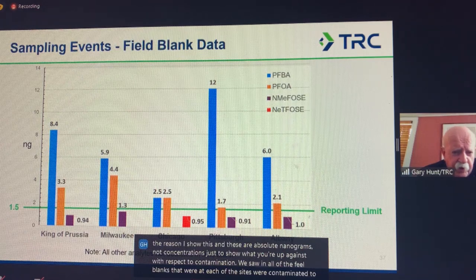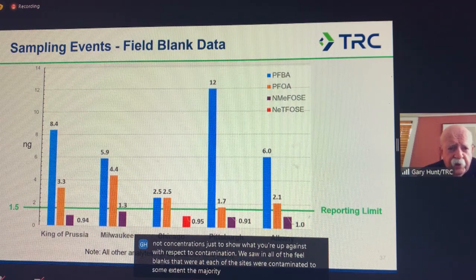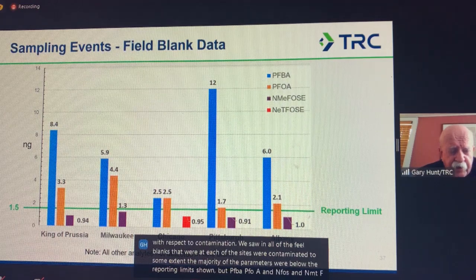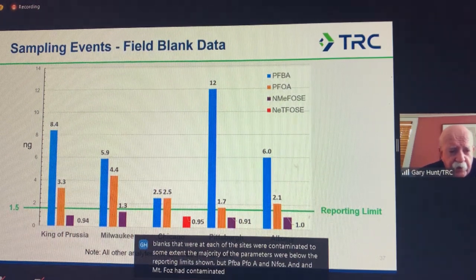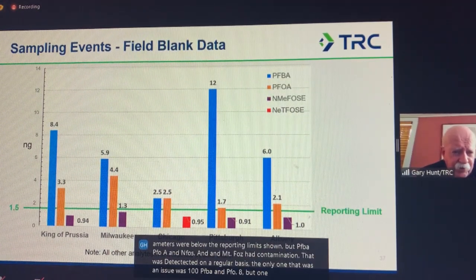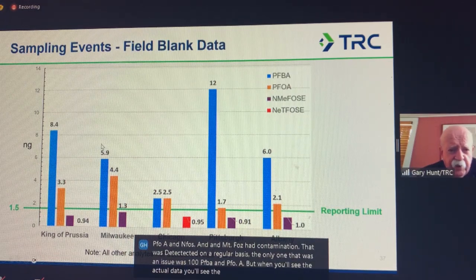The majority of the parameters were below the reporting limits shown, but PFBA, PFOA, NMFOSA and NMTFOSA had contamination that was detected on a regular basis. The only ones that were an issue were PFBA and PFOA, but when you see the actual data, you'll see that these levels really didn't influence the reported concentrations.